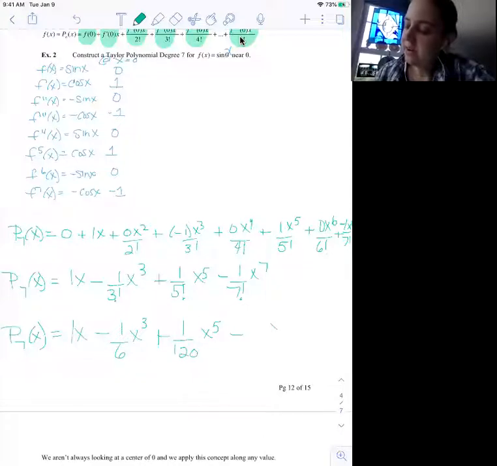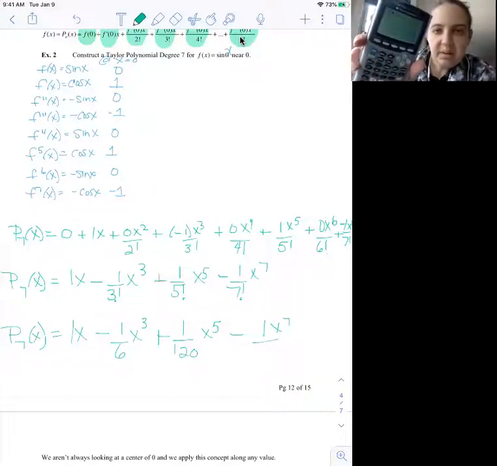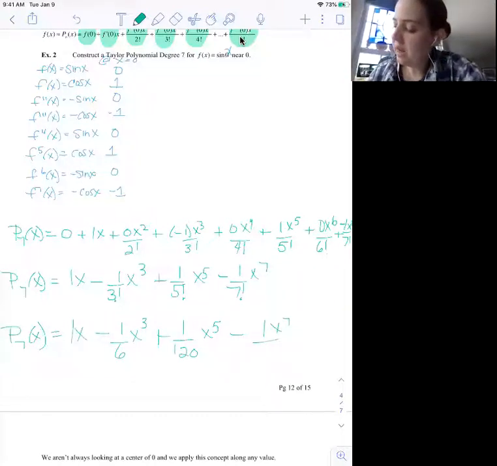Now 7 factorial is not happening in my head this afternoon. So in my calculator, it does exist. It's under your math button, probability, number 4. So 7, math, probability, number 4. So 7 exclamation point, might be able to find it faster, is 5,040.